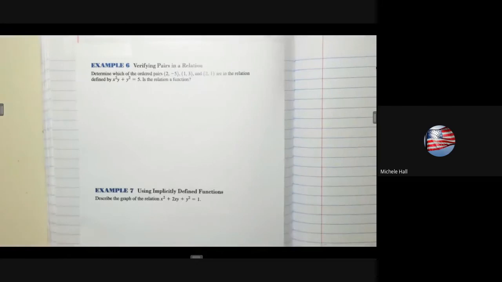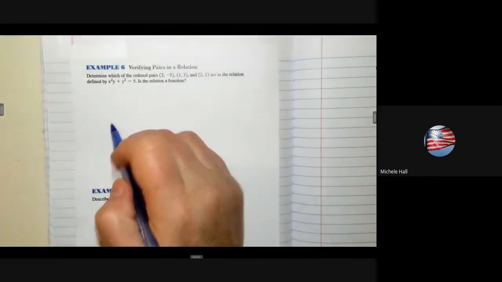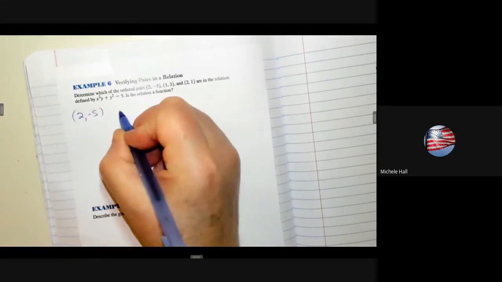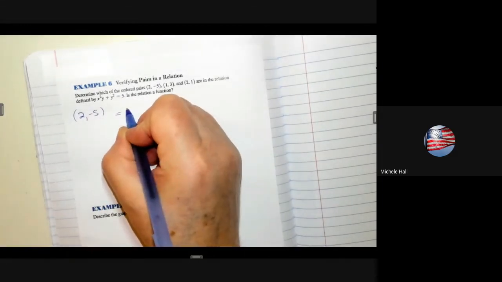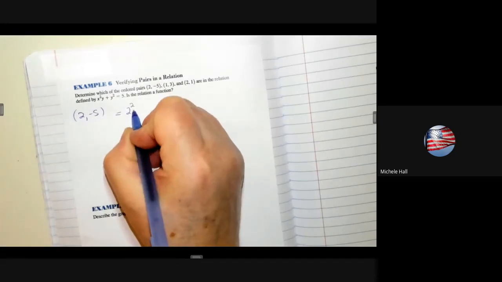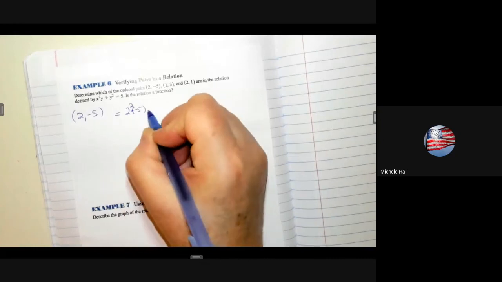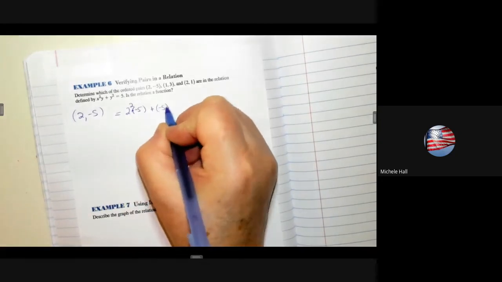Verifying pairs of relations. Okay, we have which ordered pairs are part of the relation. So 2, -5, that would be 2 squared times -5 plus -5 squared.